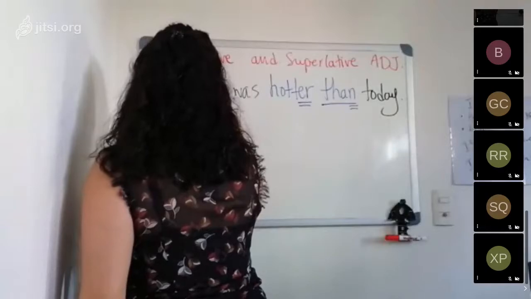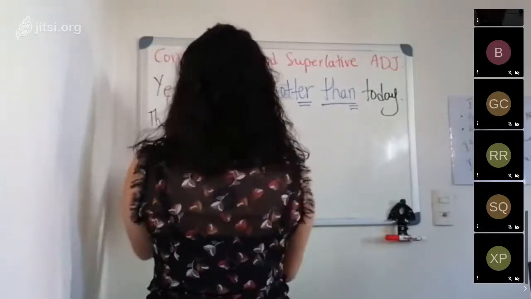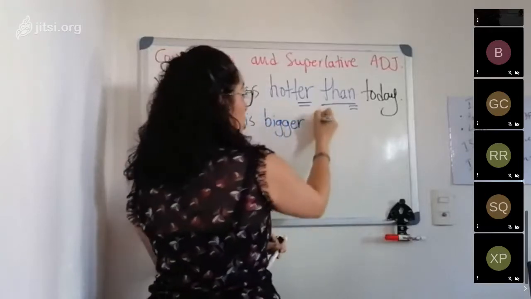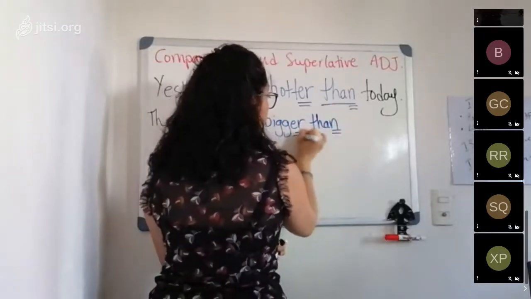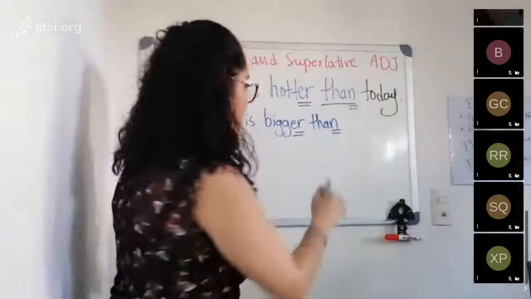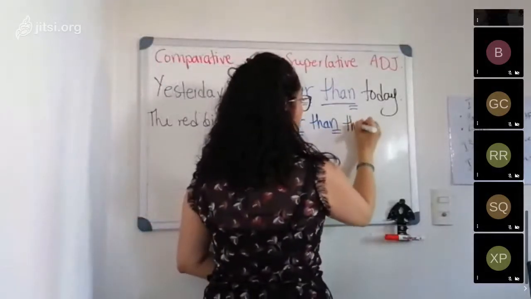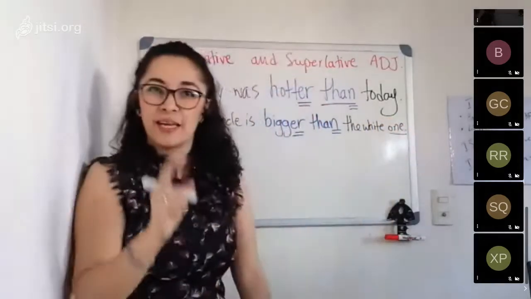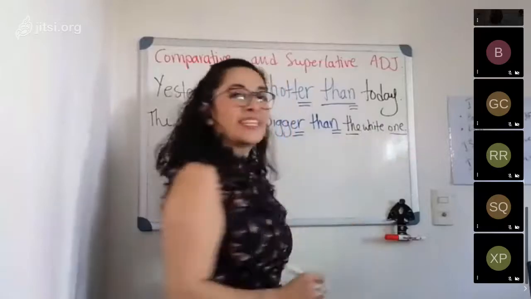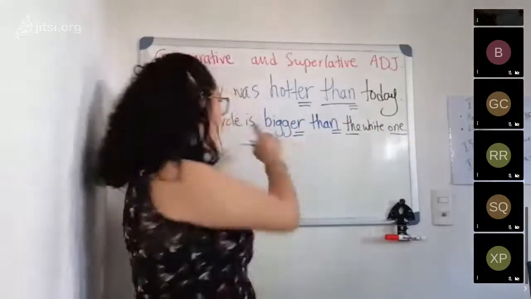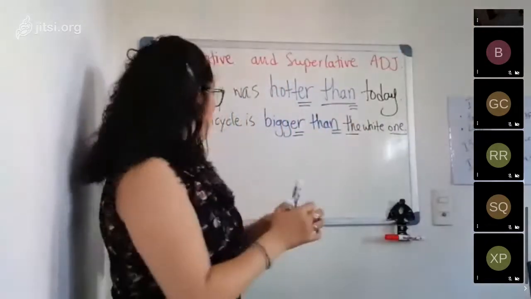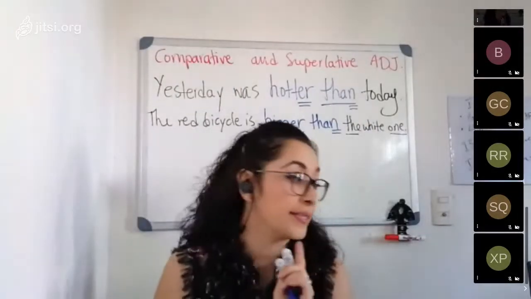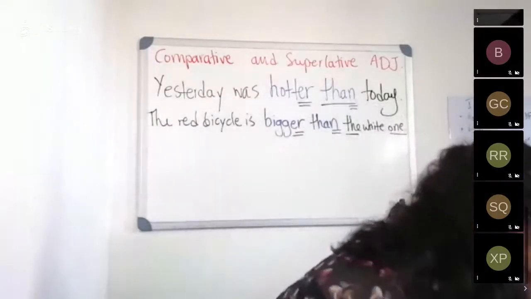The red bicycle is bigger than, don't get confused, than the white one. Notice, the white one, que la blanca. So we don't say bicycle, bicycle, bicycle, okay? The red bicycle is bigger than the white one, all right?